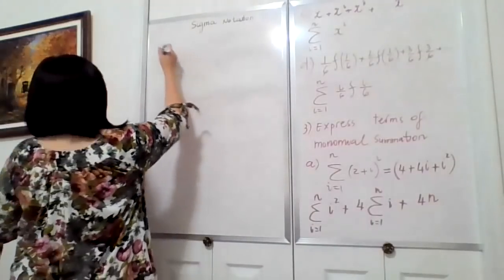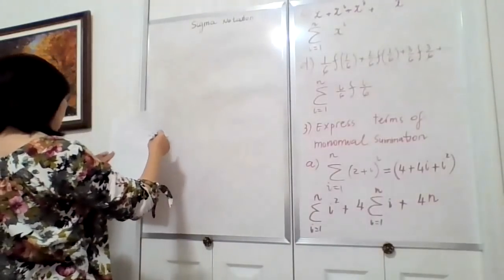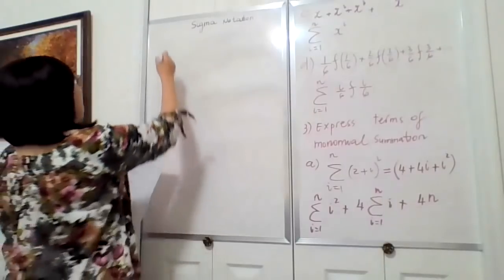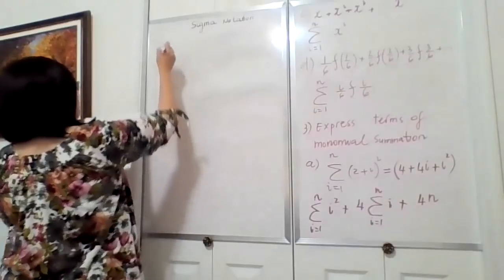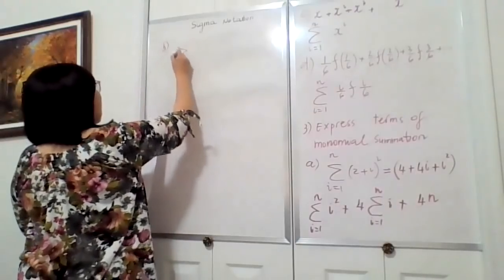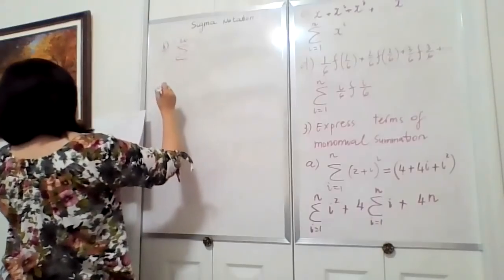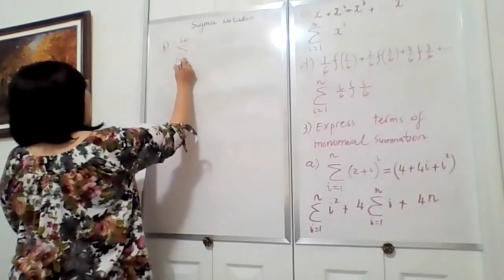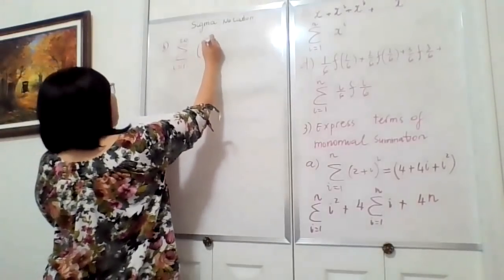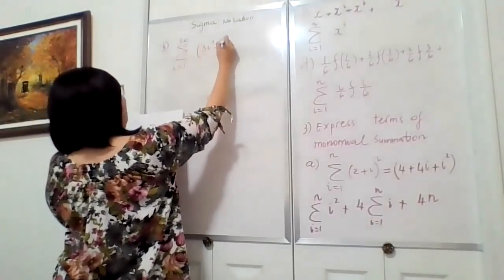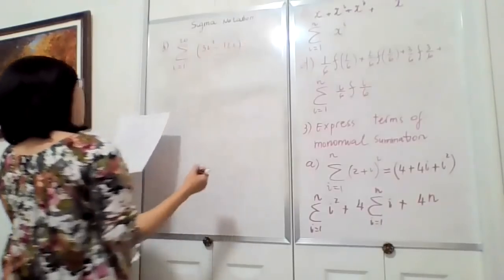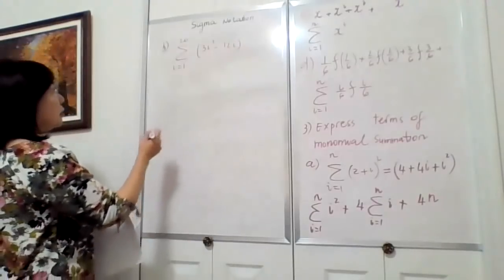Okay, so now let's give you another example. Let's say you have 20 and I equal 1. And the expression is 3i squared minus 12i. Okay, so how do we express this?